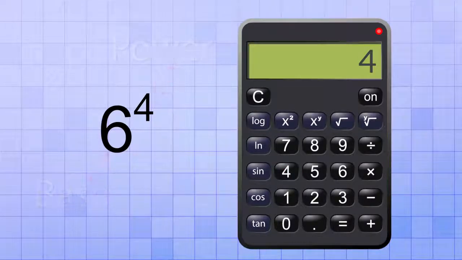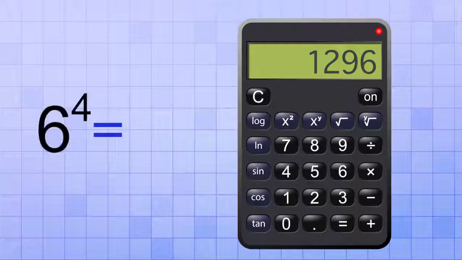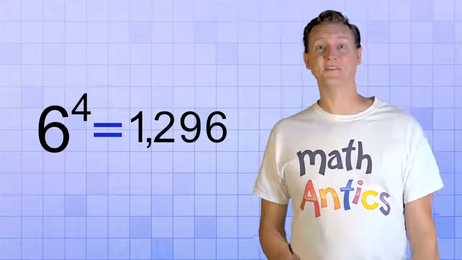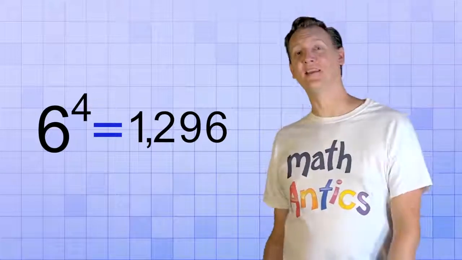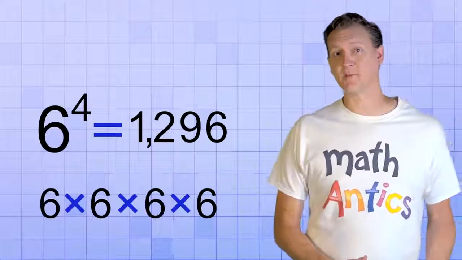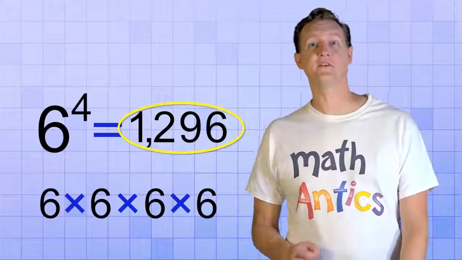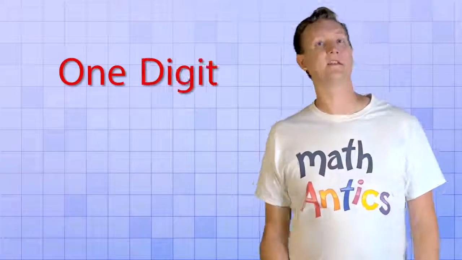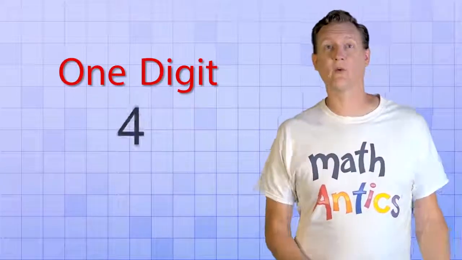Now all you have to do is hit the equal sign to get the answer, which is 1,296. Wow! As you can see, knowing how to do that with a calculator saved us a lot of work. And now we know that 4 6s multiplied together will be 1,296.